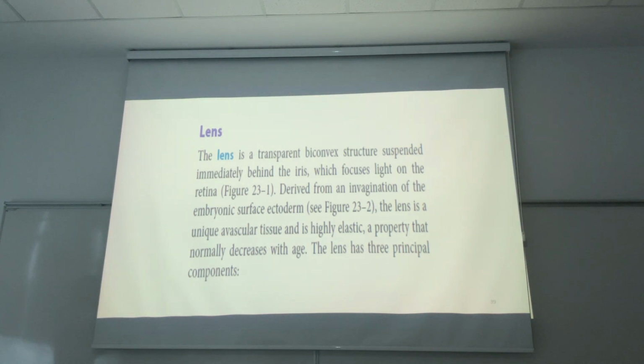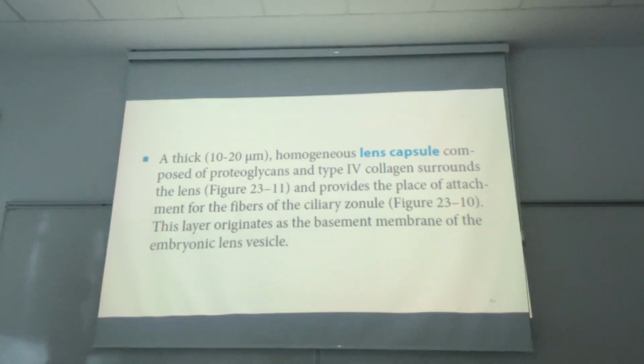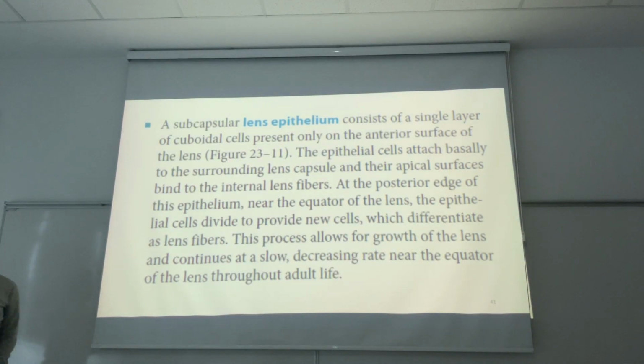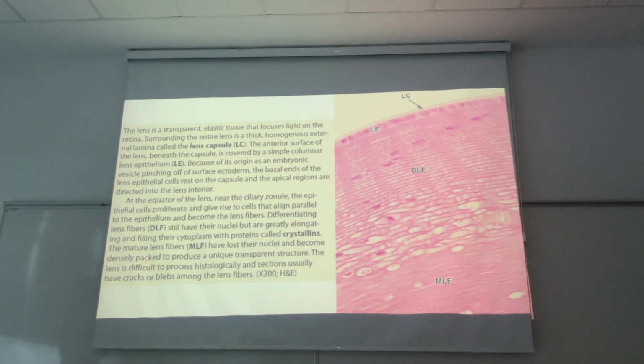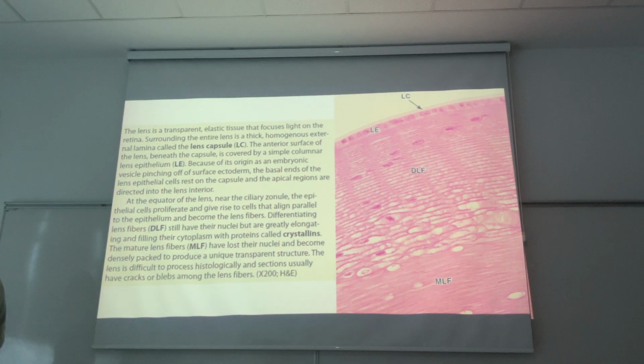Okay. The other topic is the lens. What is the structure of the lens? The lens is totally covered with a capsule on the outer side. Under the capsule, we have the lens epithelium, simple cuboidal epithelial cells.